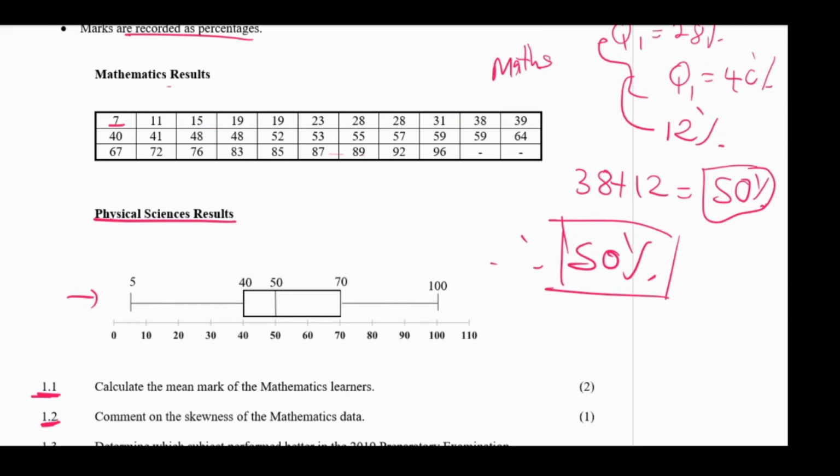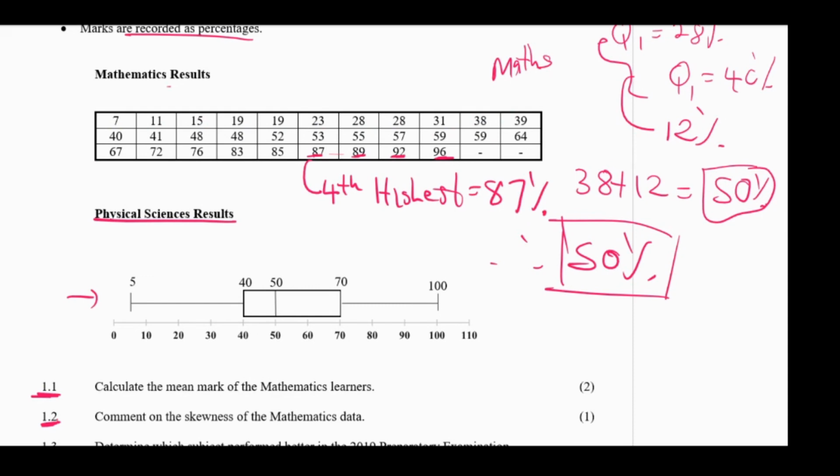The 4th highest for maths is 1, 2, 3, 4. This is the 4th highest, which is equal to 87%.